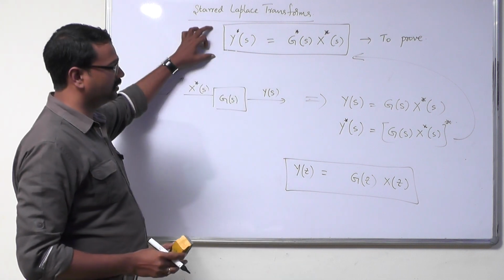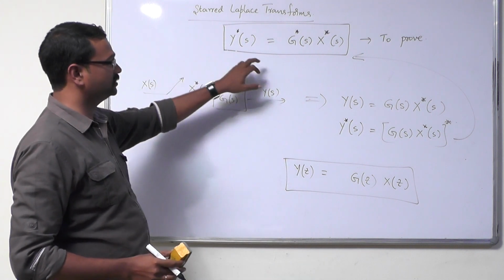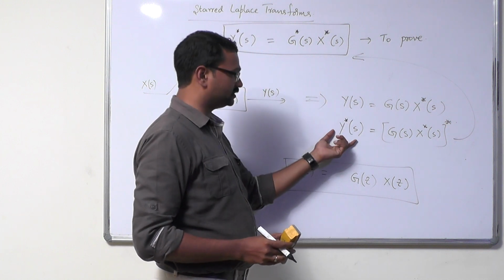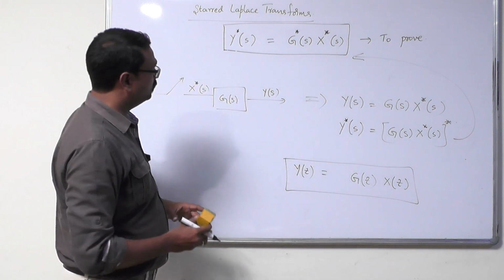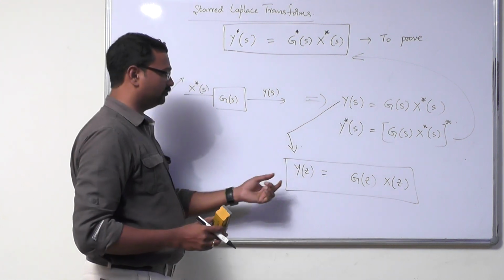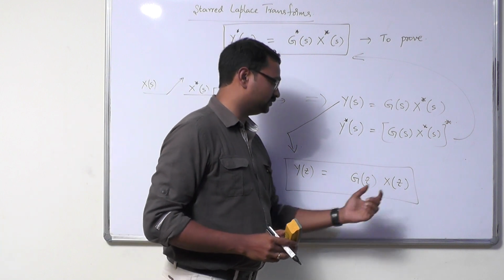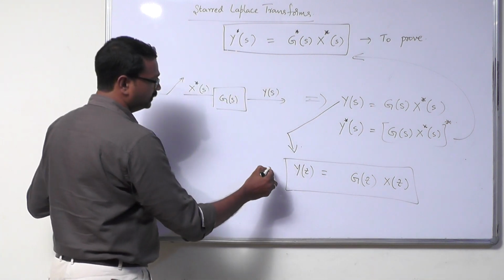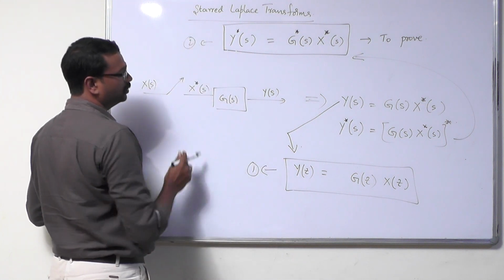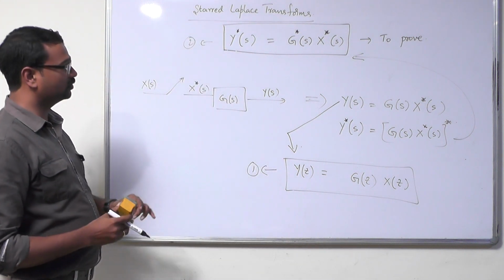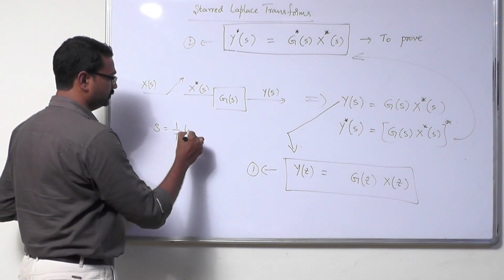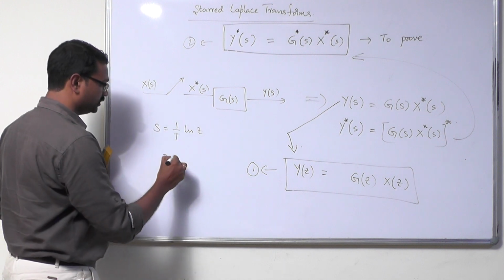We have already assumed that y star of s is equal to g star of s into x star of s from this star Laplace transformation. Right. So from this equation we have derived the z transform y of z is equal to g of z into x of z. Now you can say that equation 1 and equation 2 both are similar when you are going with this relationship between s and z. What is the relationship between s and z?